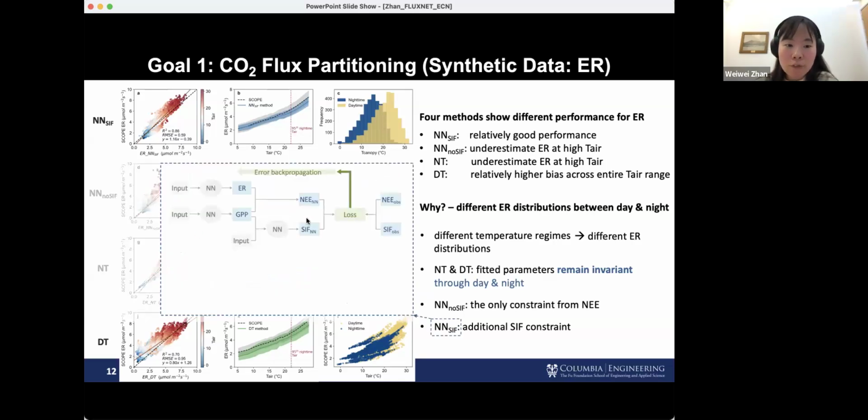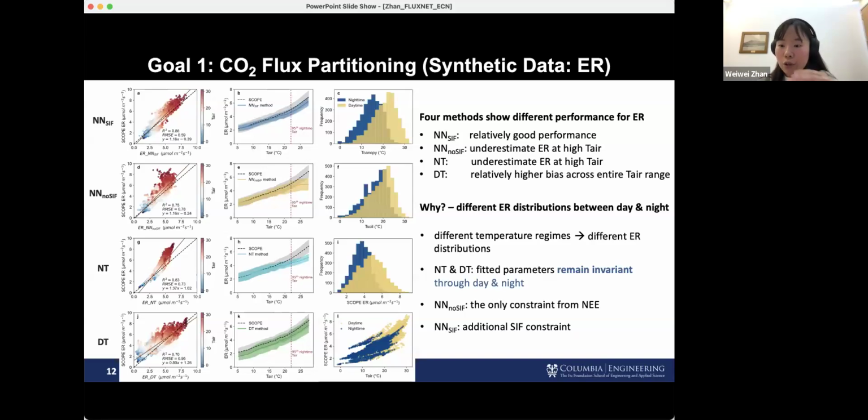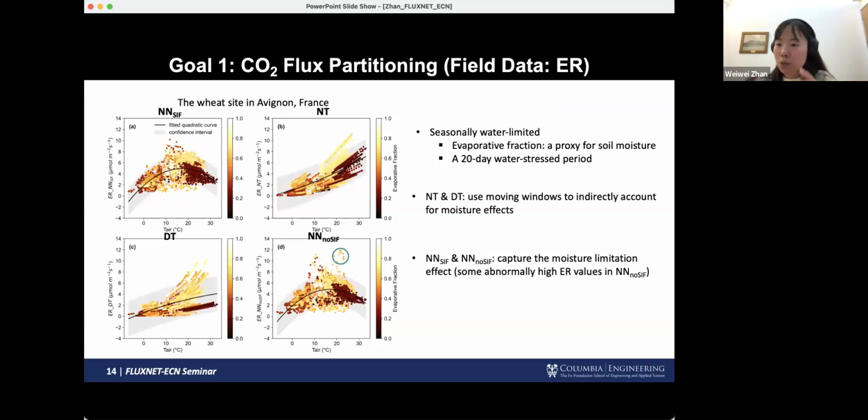Imagine that without the SIF subnetwork, for the unknown SIF, it looks like you fit a response function using nighttime NEE when GPP is 0, and then extrapolate to daytime data. That's why the two look similar. But here they do not look similar because when fitting the nighttime respiration function, the nighttime method only uses temperature as a driver, while the neural networks use more predictors. That's the difference between the two.